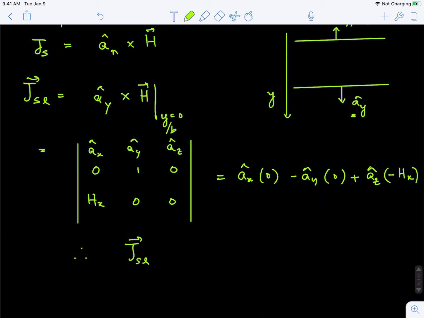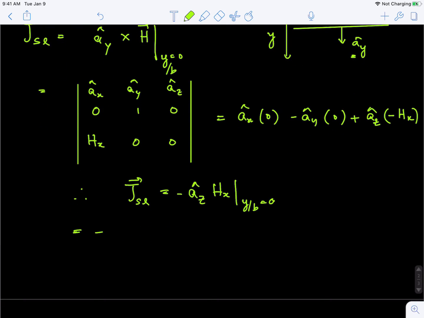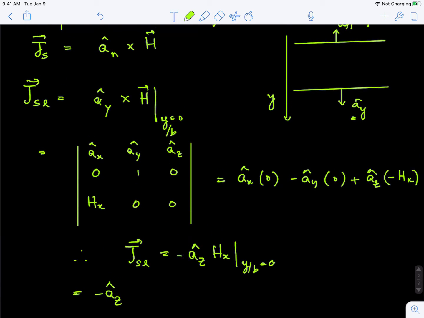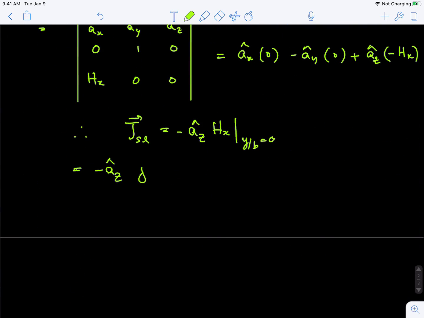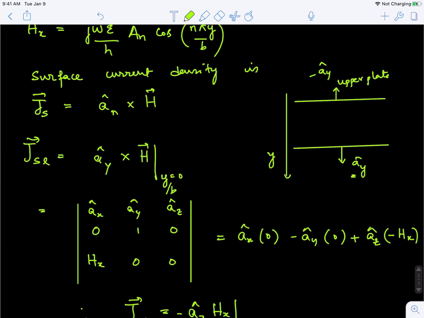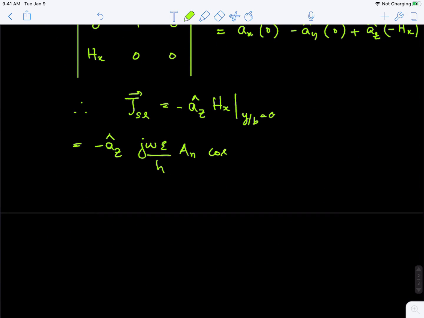Okay, therefore J_SL is equal to a_z times minus Hx when y by b is equal to 0. So that's going to be equal to minus a_z j omega epsilon by h a_n cos(n pi y / b) at y by b equal to 0.